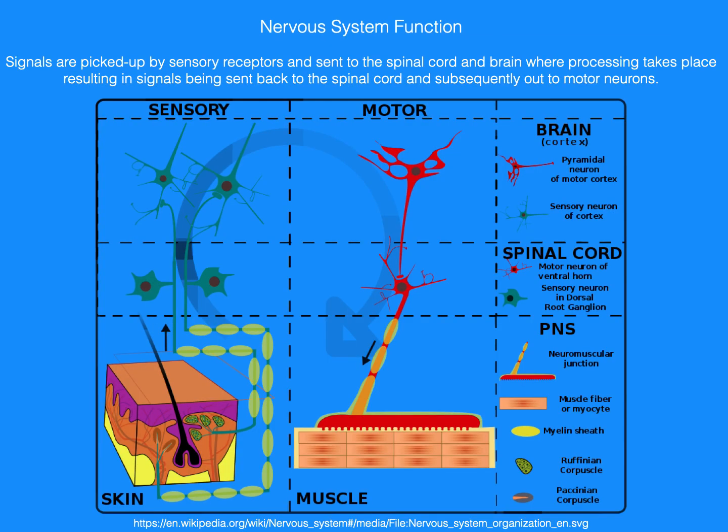Nervous system function illustration. Signals are picked up by sensory receptors and sent to the spinal cord and brain, where processing takes place, resulting in signals being sent back to the spinal cord and subsequently out to motor neurons.